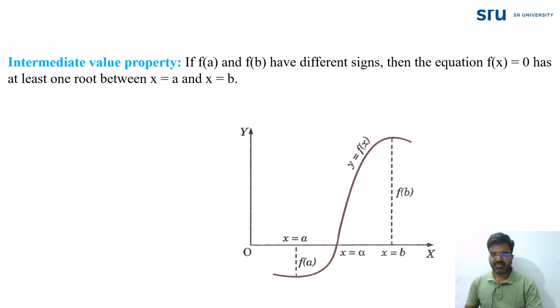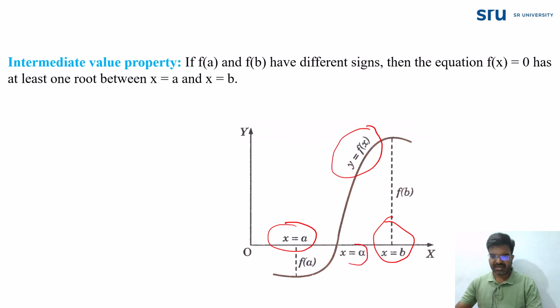Now you can see one important property. Suppose the function has different signs at x equal to a and at x equal to b. You can see the graph. We are taking one function y equal to f of x. This function is negative at x equal to a and positive at x equal to b. Then we can find a number between a and b.